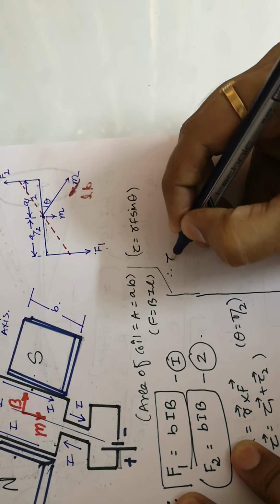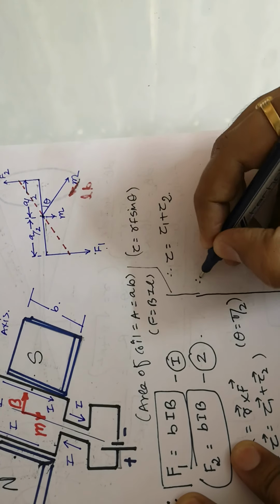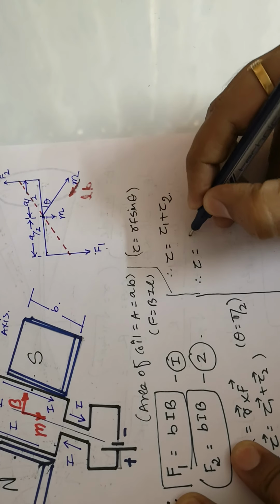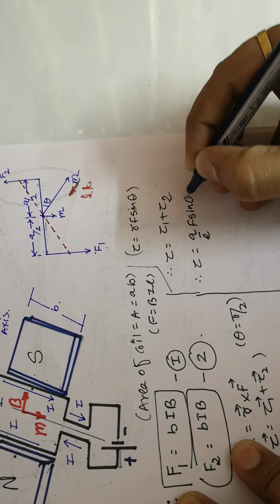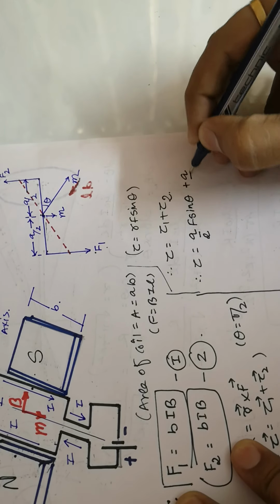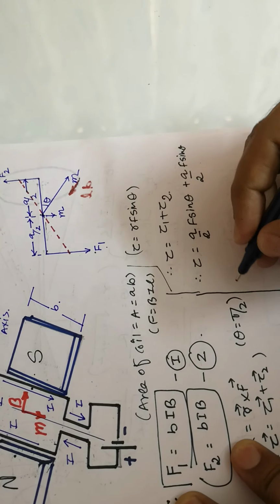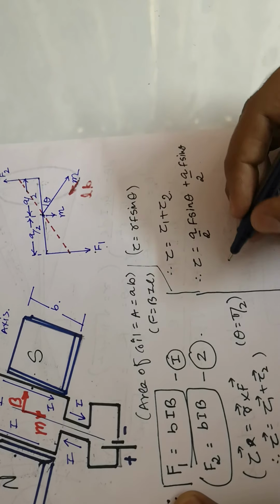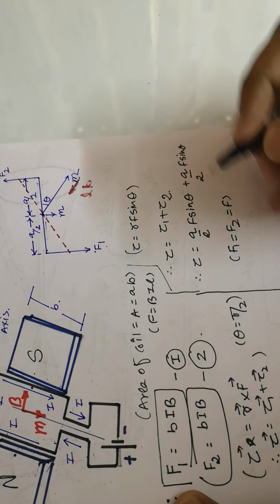So tau equals tau 1 plus tau 2. My perpendicular distance is a by 2, so F sin theta, and the same is the case for a by 2 F sin theta. You are aware that F1 and F2 are both equal, so I have mentioned that F1 and F2 are both F.